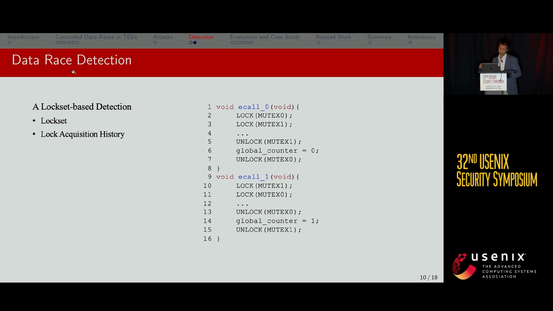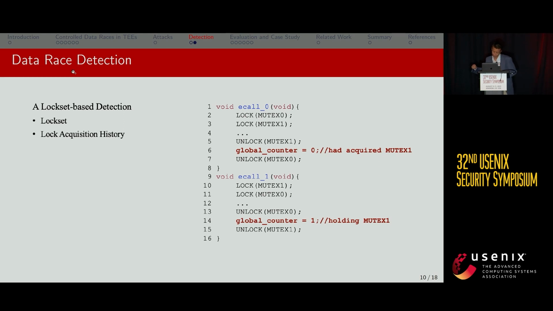Okay, so for the data race detection algorithm, we have some details. The detection is based on the lockset algorithm. First is the lockset, and another is the lock acquisition history. We need the lock history because sometimes, even though two accesses do not have a common lock, they still cannot race. Here is one example.